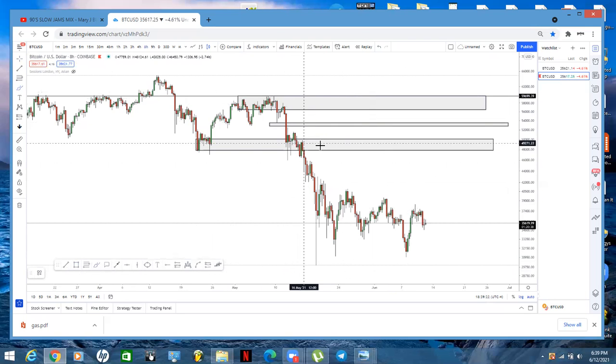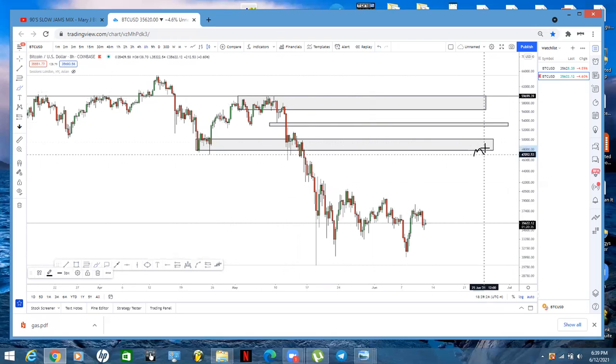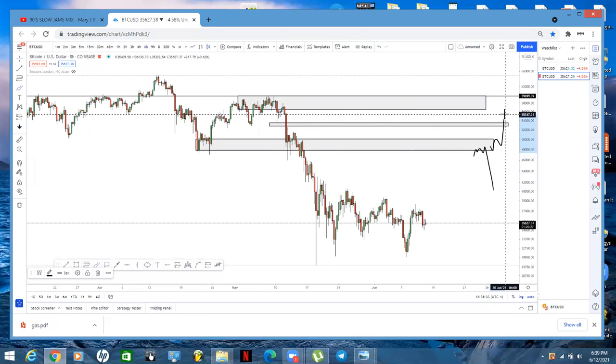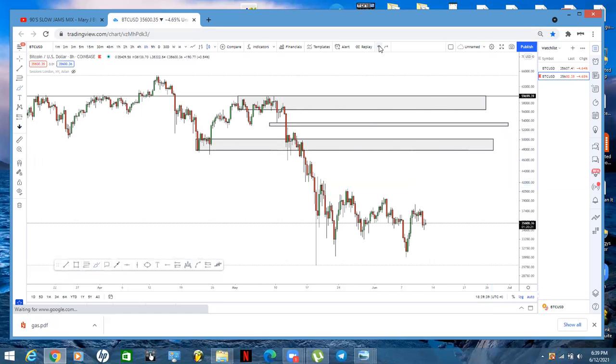Price can easily come into this area and maybe reject it to come back down some, or they can come into this area and use that liquidity to go ahead and take out more orders to the upside, and then we come down. But that's what I'm saying. Those are the targets to the upside, and that's where I see the money at the upside.